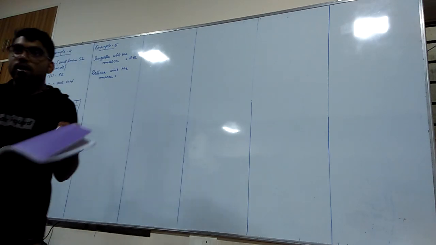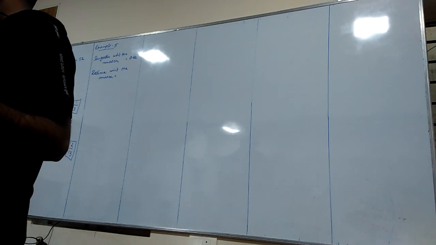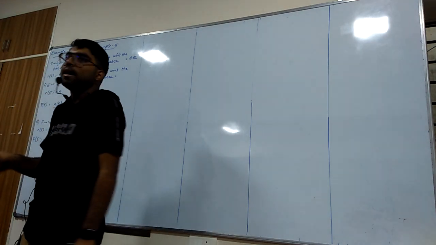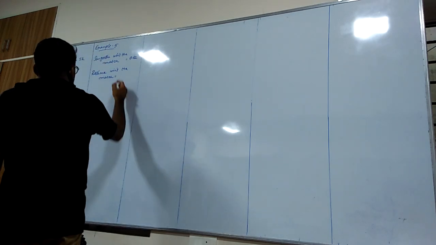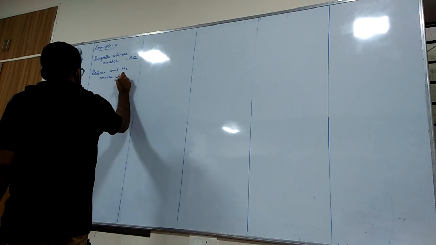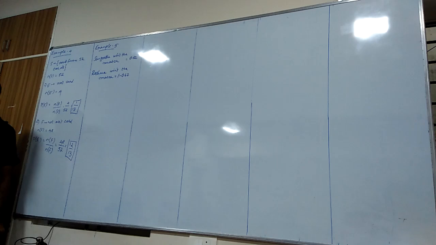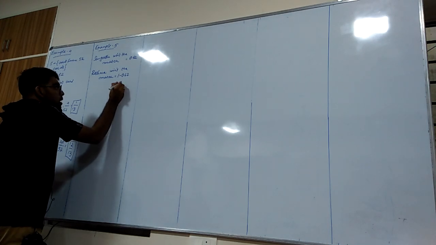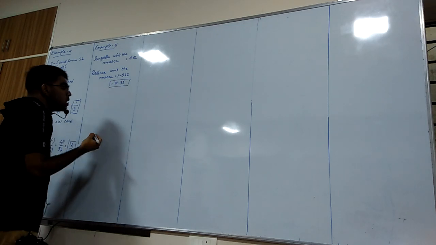When rolling a dice there are 6 outcomes, and if you add all 6, you get 1. So if you add both Reshma and Sangeeta, you should get 1. Reshma's will be 1 minus 0.62. Any doubt? What is 1 minus 0.62? 0.38. This is the probability of Reshma winning the match.